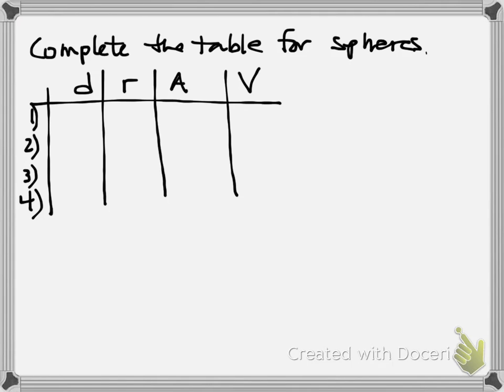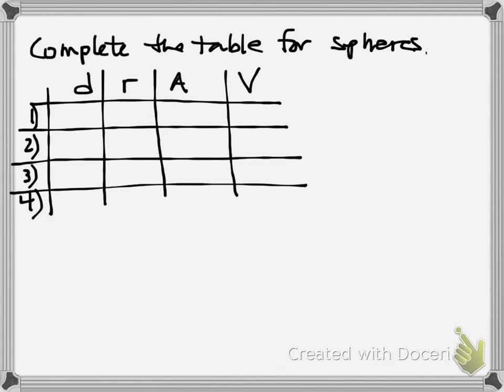So what's the D stand for? It's the diameter. And the R, radius. And the A, surface area. And the V, volume. So the only one that didn't show up in any of the formulas was the D. So in problem 1, we're going to give you the diameter is 12.